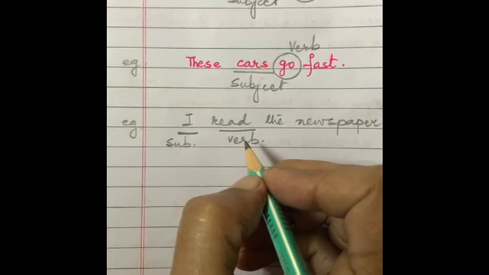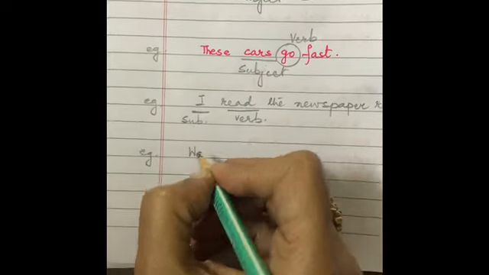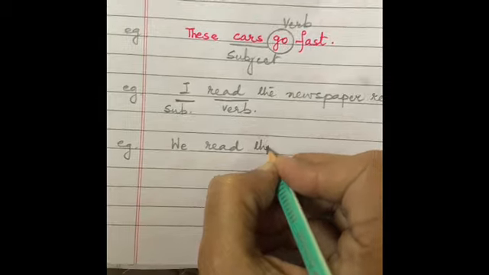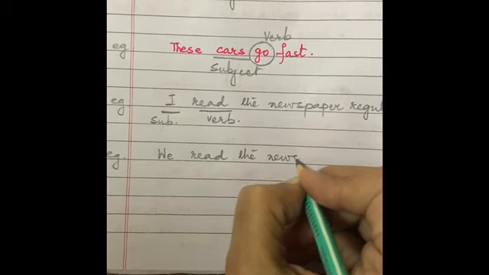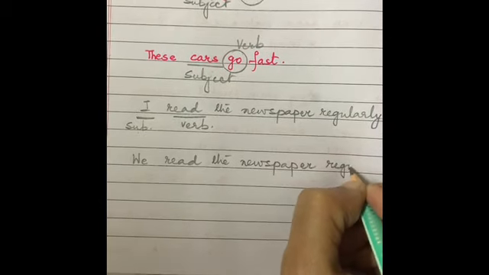This is the subject and this is the verb. Let's look into one more example. We read the newspaper regularly.